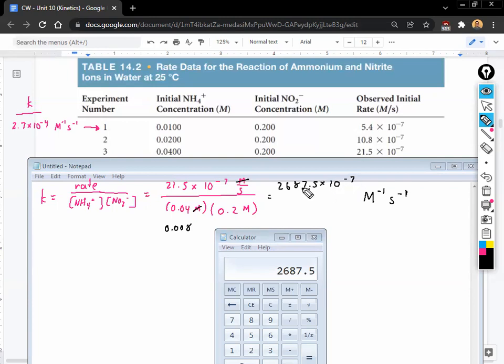But since we need to move the decimal 3 times to the left, same thing, we're going to end up with 2.688, rounding it up, times 10 to the negative 4. And then this is going to be your final answer. So the k value for experiment 3 will be 2.688 times 10 to the negative 4 per molarity per second.